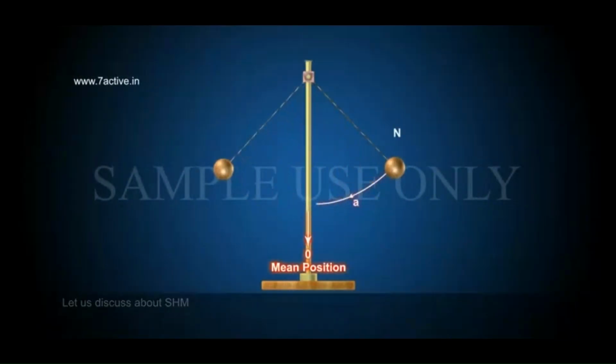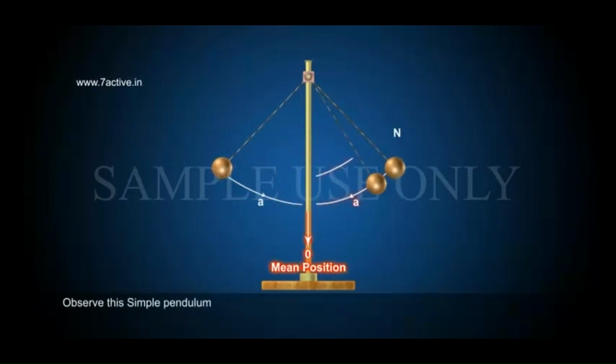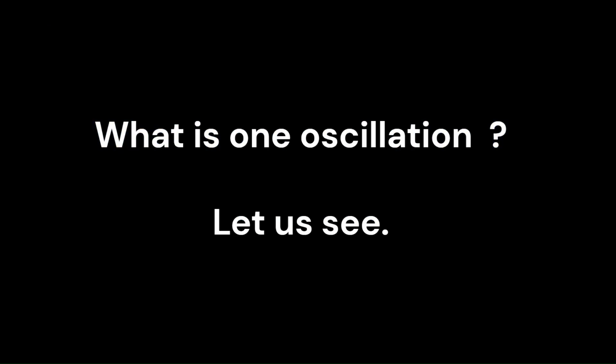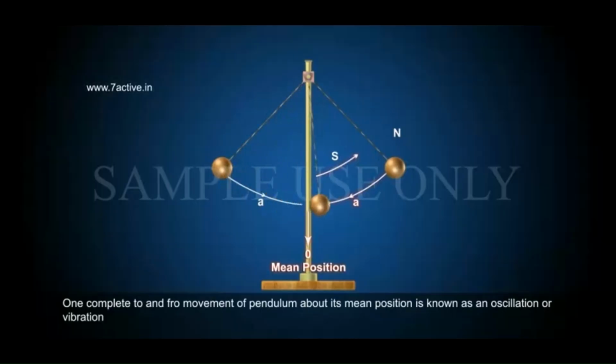A pendulum is oscillating. What is one oscillation? Let us see. Left to right and right to left make one oscillation.